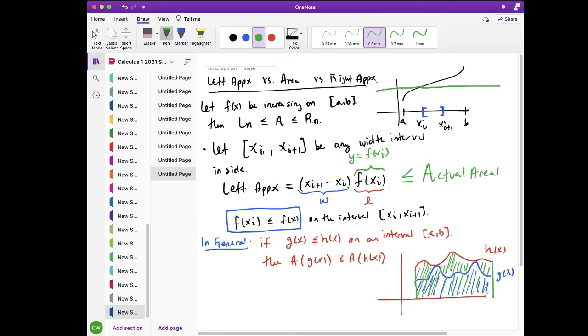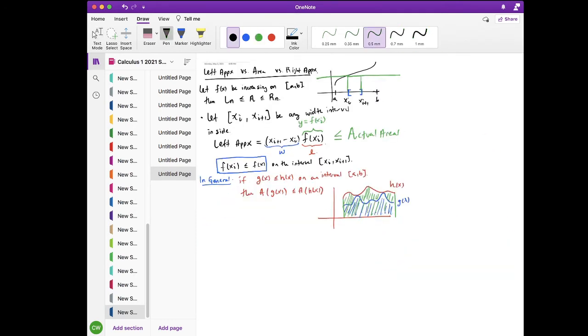And I'm finding the area underneath f of x_i. That's essentially what you're doing when you're doing left approximation. So the area under y equals f of x_i from x_i to x_{i+1} is exactly the left approximation.